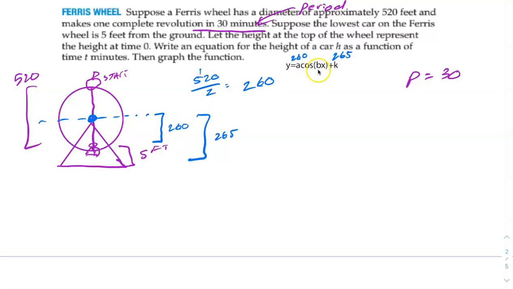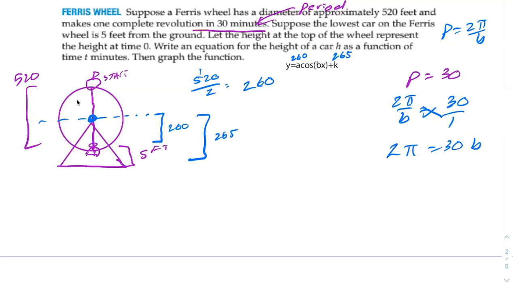Remember how you find your B? It has to do with the period, right? Period equals 2 pi over B. And look, we have the period already. It's 30 minutes. That's all it takes to do one full revolution. So 2 pi over B equals 30. And I'm going to cross multiply. So 2 pi equals 30B, divided by 30.